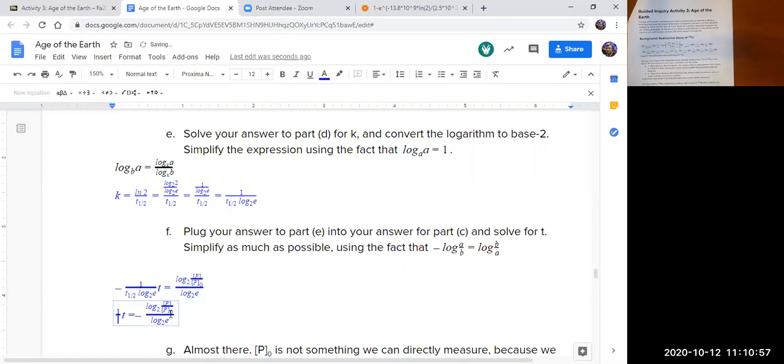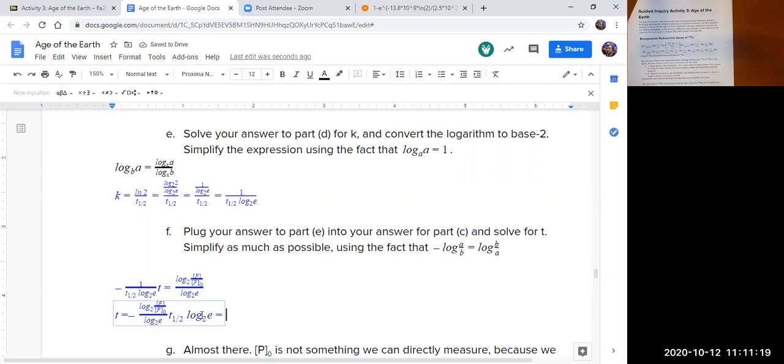So I'm going to put it here at the end, and so that 1 over can go away. Now notice what happens here. We have a log base 2 of e and a log base 2 of e, so those are going to cancel.